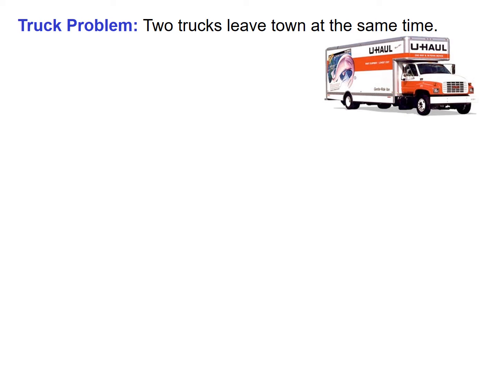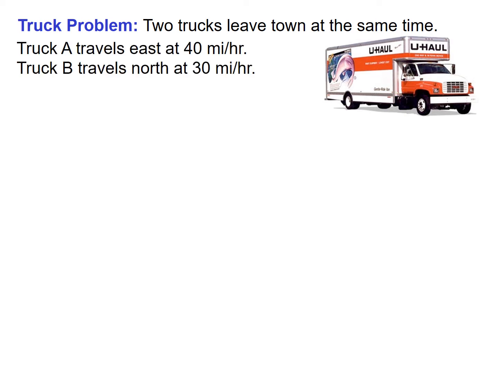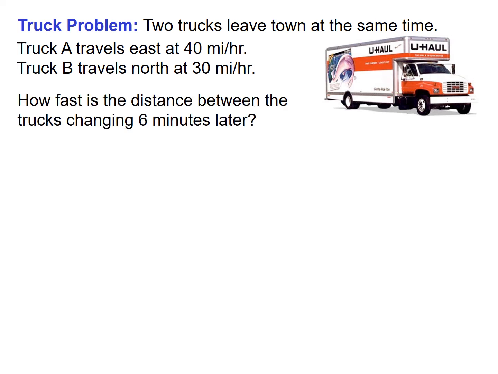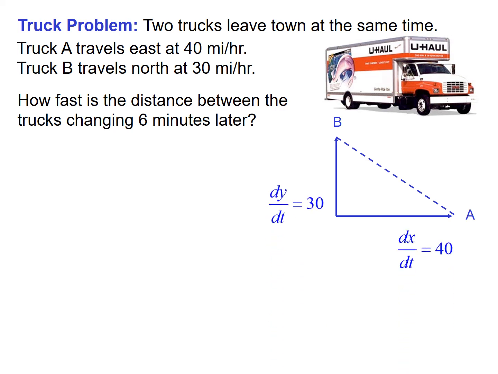Okay, another example here, we have two trucks leaving town at the same time. One truck going east, the other going north. We know how fast they're going. We want to find out how fast the distance between the trucks is changing 6 minutes later. So we have truck A and truck B, and this hypotenuse here represents that distance between them. So we know their rates of change, dy/dt and dx/dt, and that's in miles per hour.